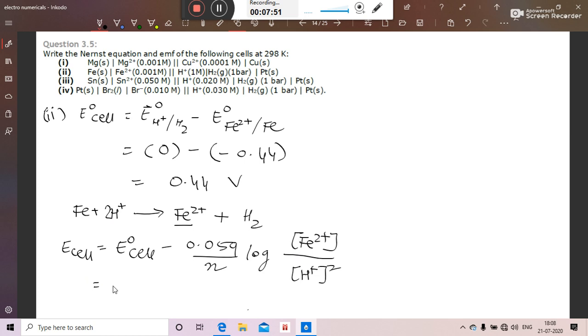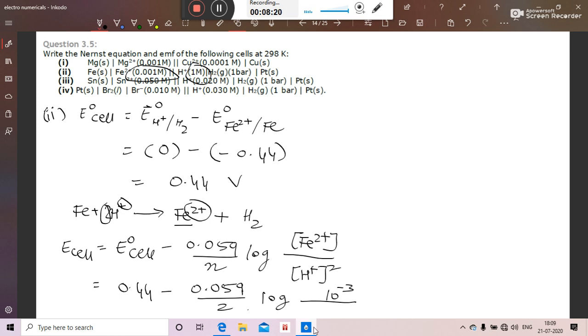So that is equal to E naught cell, which we have found just now, 0.44, minus 0.059 upon n, that is the number of electrons gained or lost. From the balanced equation we can see that on both sides the charge is 2+, that means the number of electrons gained or lost is 2, log of the concentration of Fe2+, that is 0.001, which can be written as 10 raised to minus 3, upon the concentration of H+, which is 1 molar, so 1 raised to 2.